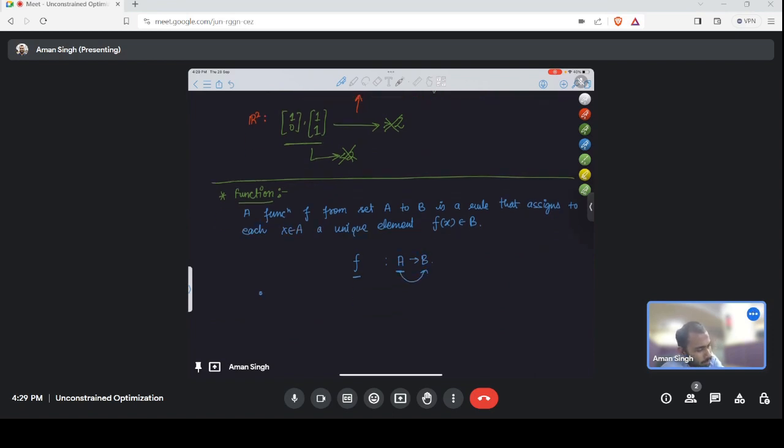There are some definitions: A is called the domain of f, B is called the codomain of f, and then there is something called the range of f, which can be defined as the set of y which belongs to B such that there exists an x such that f(x) equals y.